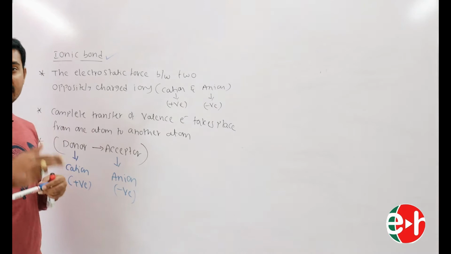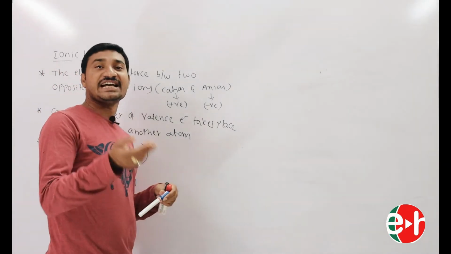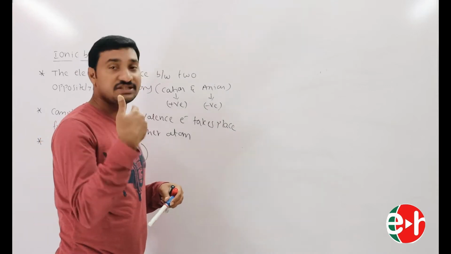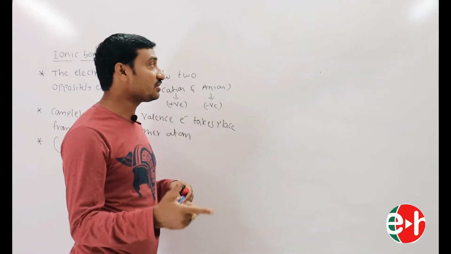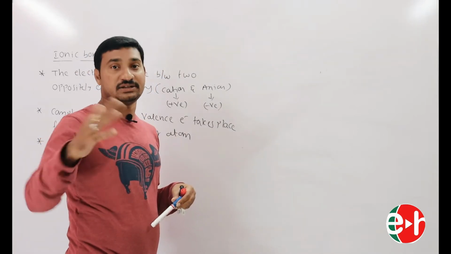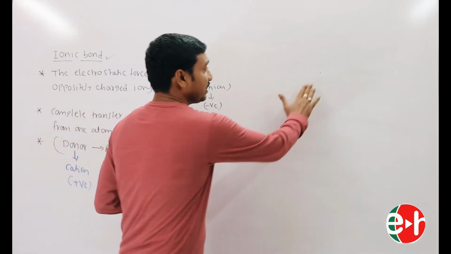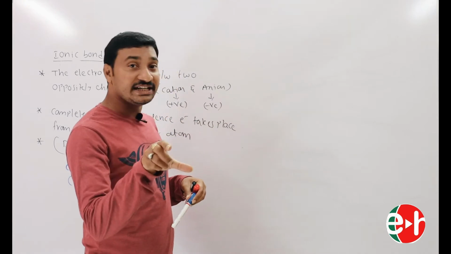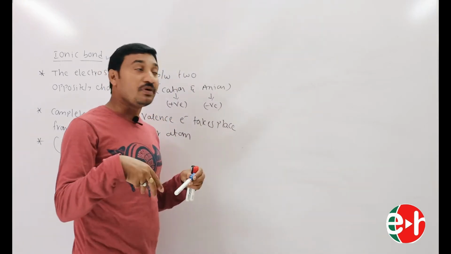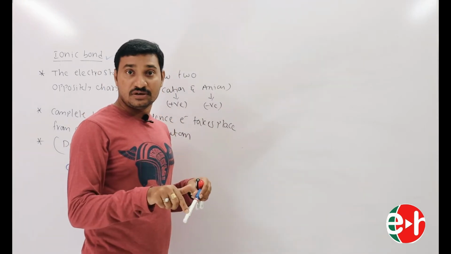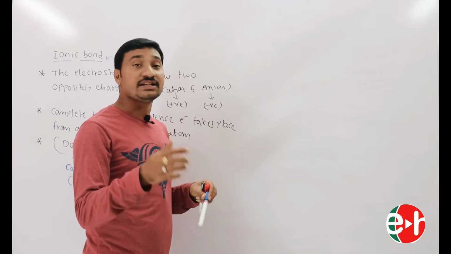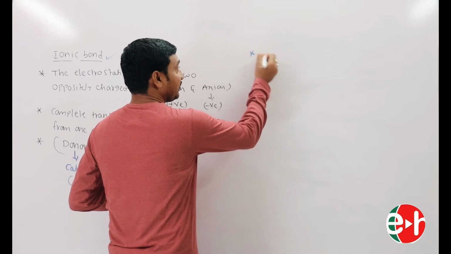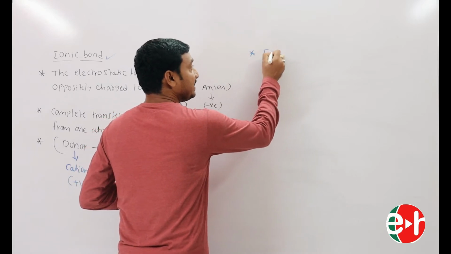When an atom has 8 electrons in the valence shell, it will be stable, that follows the octet rule. Let us discuss formation of NaCl.